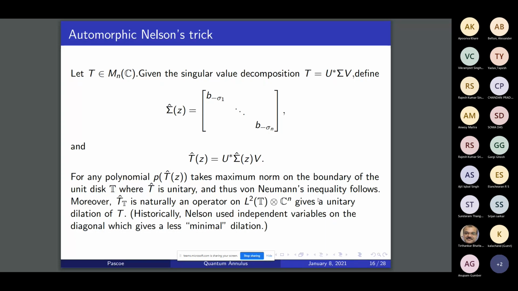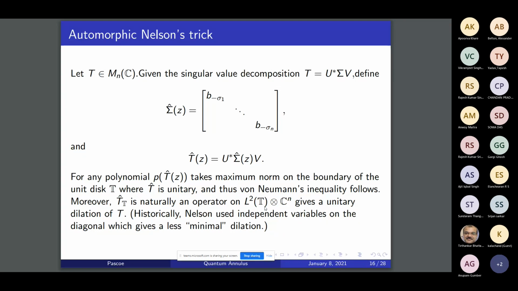Moreover, if I take t hat and I restrict it to the boundary of the unit disk, this is naturally an operator on L2 of the unit circle tensored with C^n, or really just the direct sum of n copies of L2 of the unit circle. And this gives a unitary dilation of T.